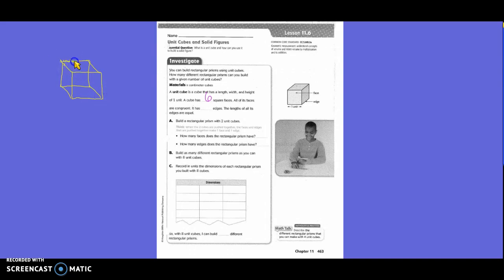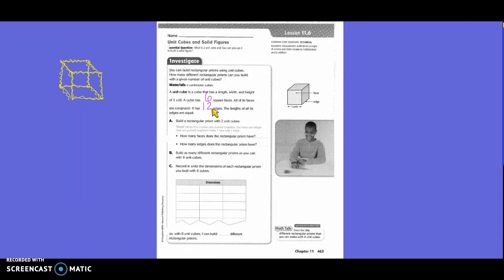So you have 1, 2, 3, 4, 5, 6, 7, 8, 9, 10, 11, 12. So how many? 12. So 12 edges. The lengths of all its edges are equal.